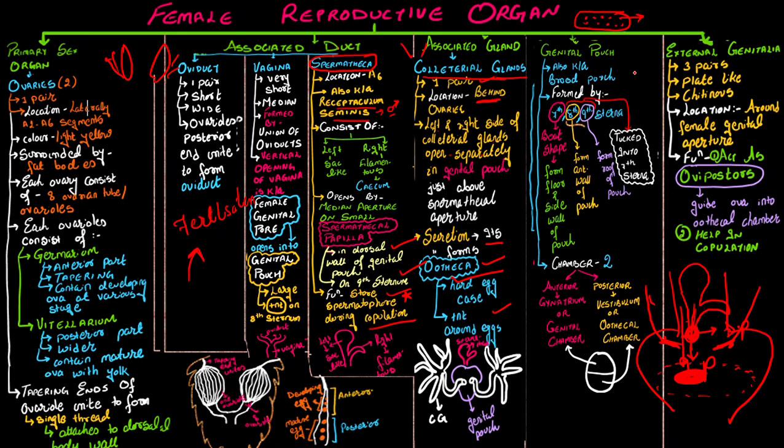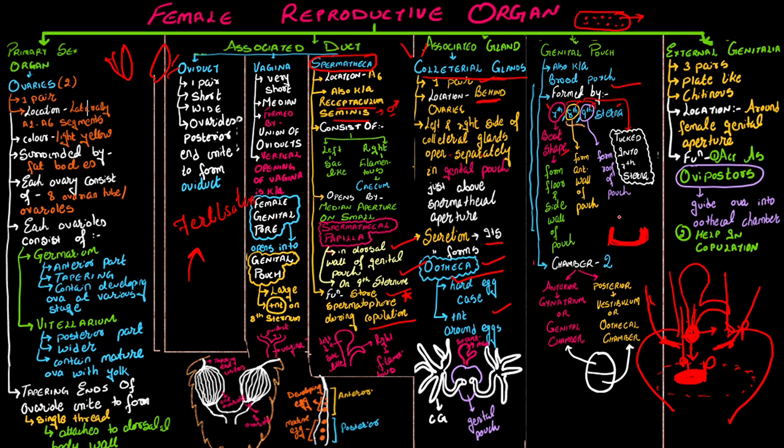Speaking of the genital pouch, it is also called the brood pouch, which is formed by the 7th, 8th and 9th sterna. The floor and the side wall are formed by the 7th sterna.